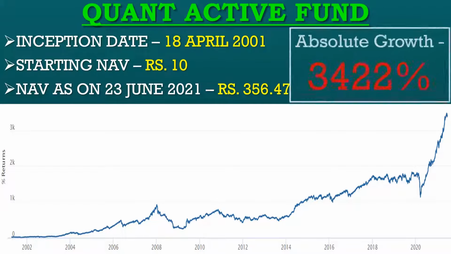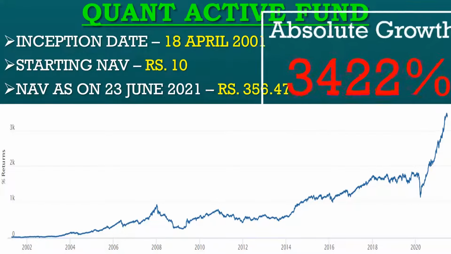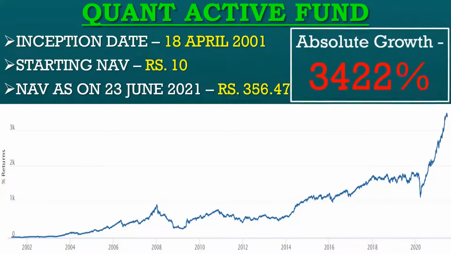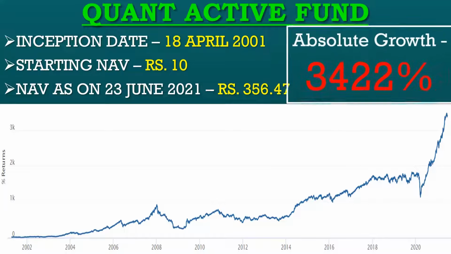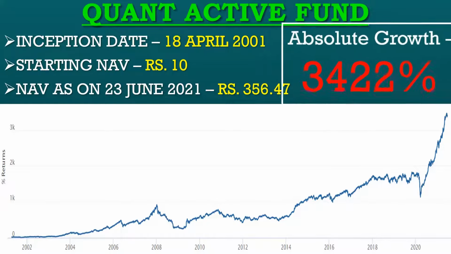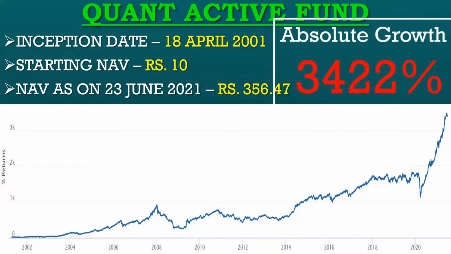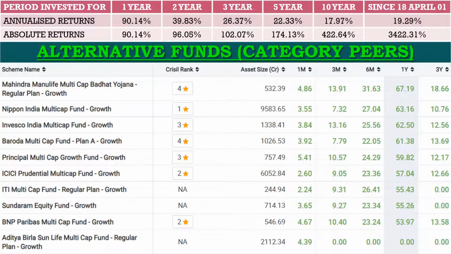The absolute growth for this fund since inception has been 3,422%. In value terms, Rs 1 lakh invested at the time of inception in 2001 would be approximately 35 lakhs today. The Quant Active Fund has delivered a CAGR or compound annual growth rate of 19.29% since 2001 and a return of 90.14% in the last 1 year.